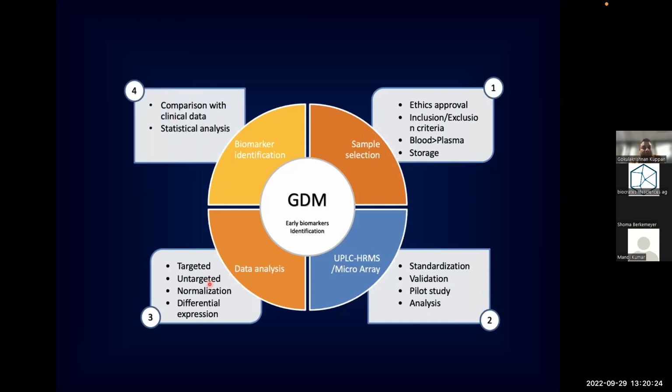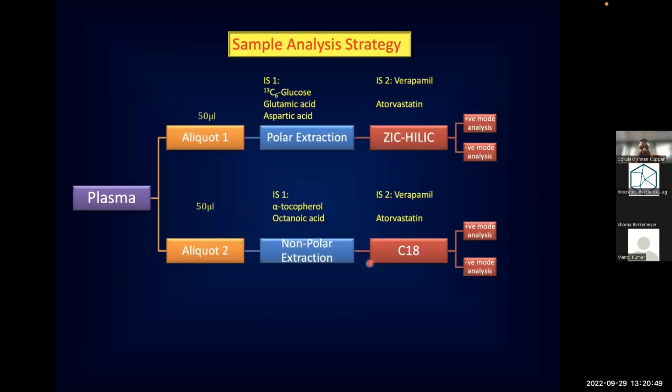And finally, we'll be doing the comparison with clinical data and statistical analysis. In the data analysis part, Dr. Sapna Sharma from TUM is helping us, and of course for the HPLC, UPLC and HRMS, Professor Jurek and Venkat from NCL Pune are helping us to complete the study.